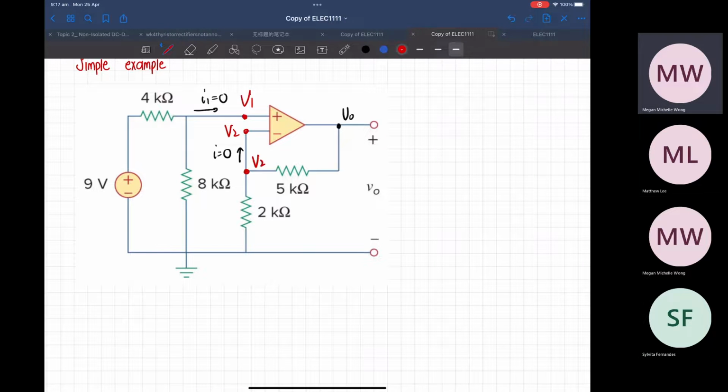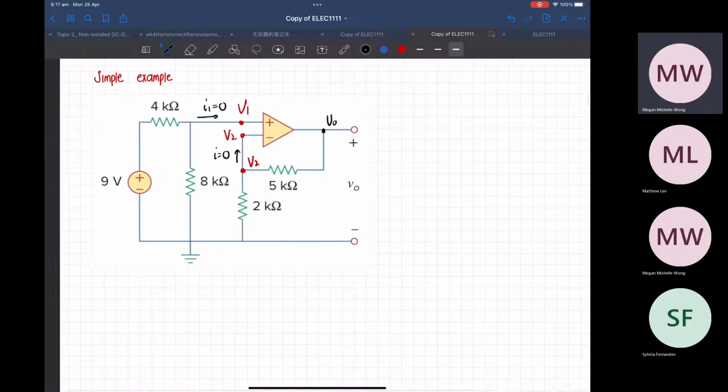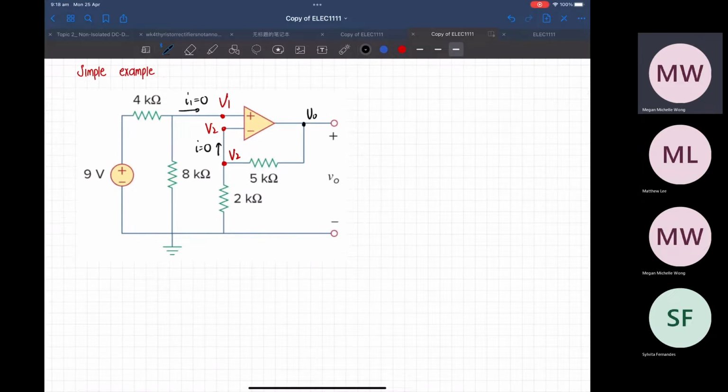This is actually V2. So if we do node analysis, this is also our V1. Let's mark all the currents that way.